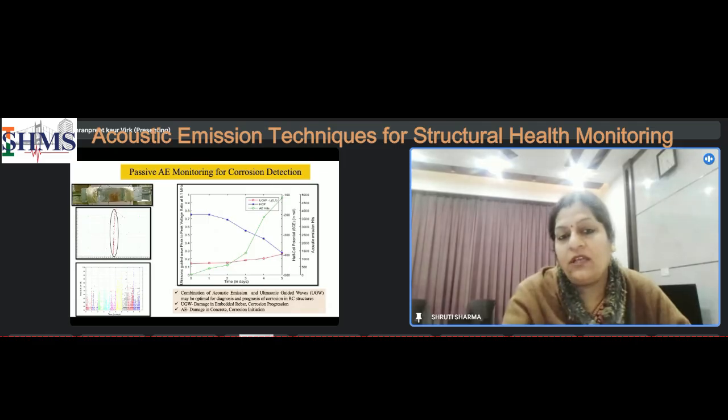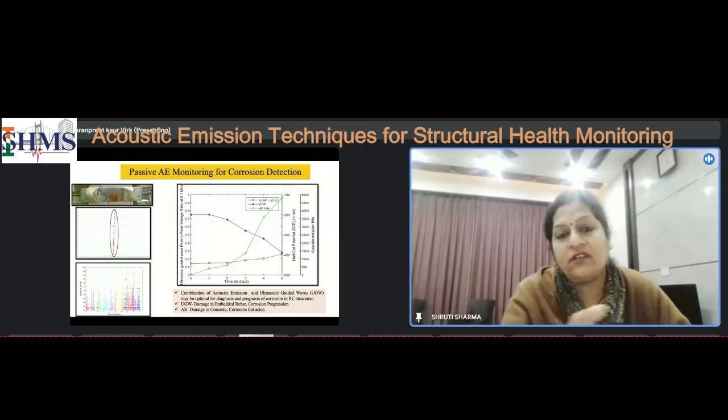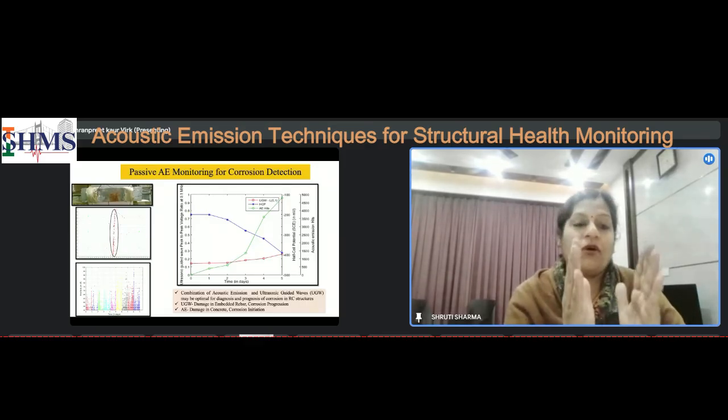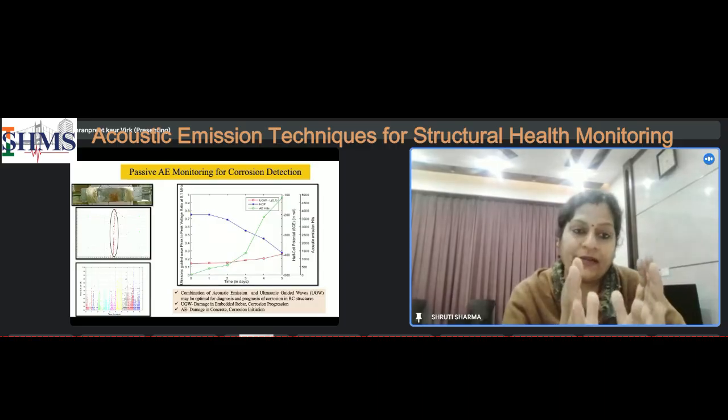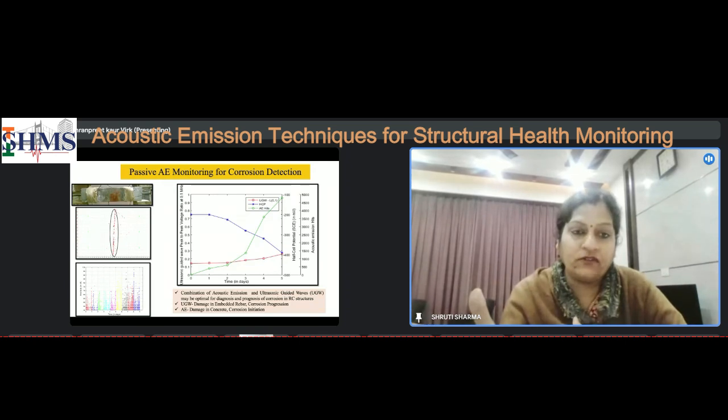You cannot relate it, because it is dependent on so many parameters. So half cell potential, though well established, is a very conventional technique. You cannot quantify the corrosion or the damage with this, specifically corrosion. If you see the green line, that is the increase in the number of AE hits in the first 5 days.